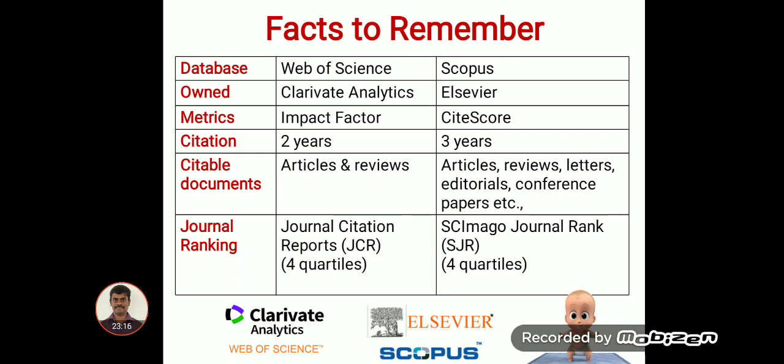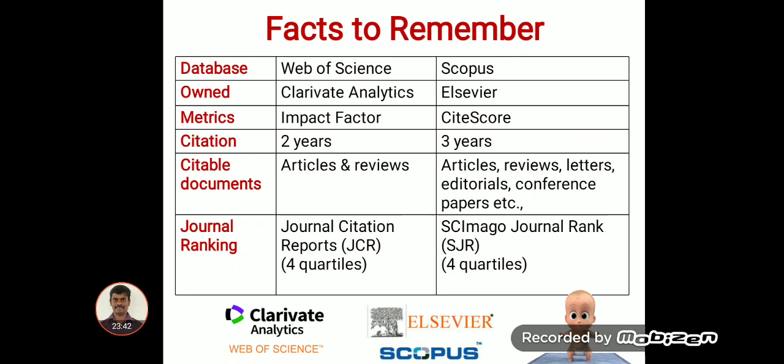The metric given by the Web of Science, we call it impact factor, whereas Scopus gives CiteScore. So we should not get confused between the impact factor and the CiteScore. Actually, they both are different. Impact factor is given by Clarivate Analytics, whereas the CiteScore is given by Scopus.